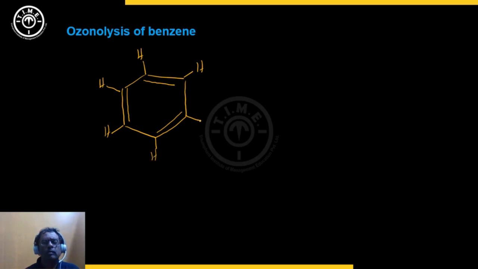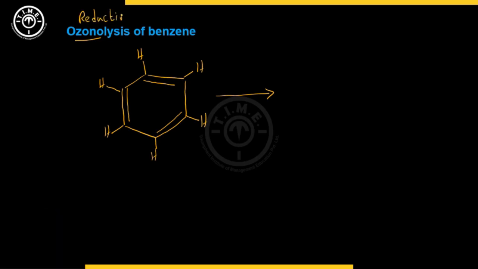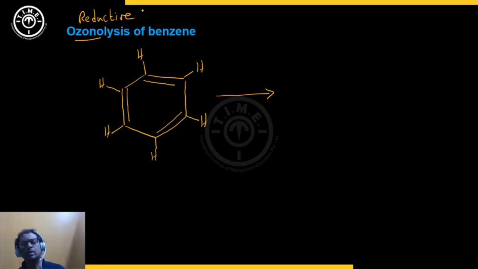What do we normally do for ozonolysis? When you say ozonolysis, it means that it is reductive. Unless you mention that it is oxidative, people will take it as reductive.